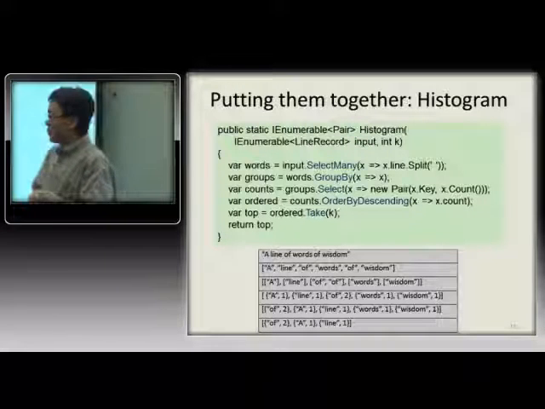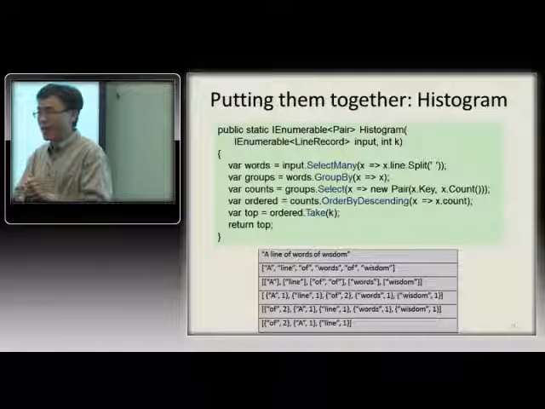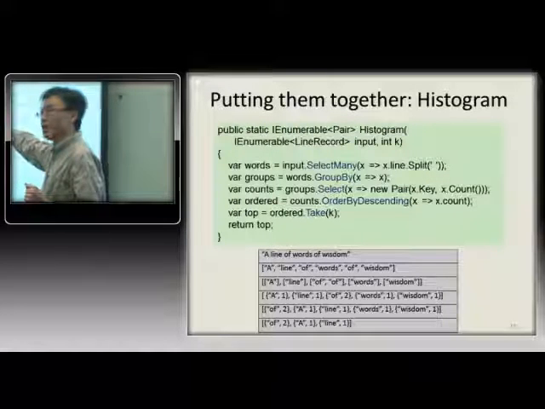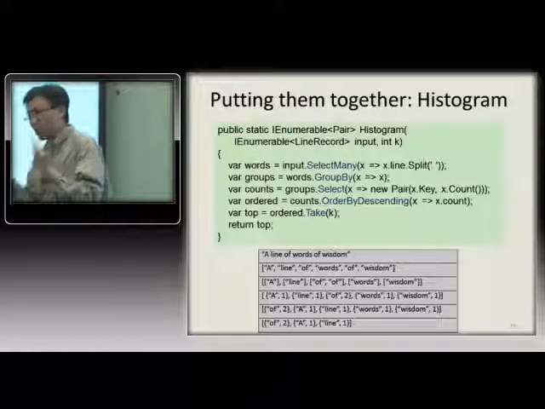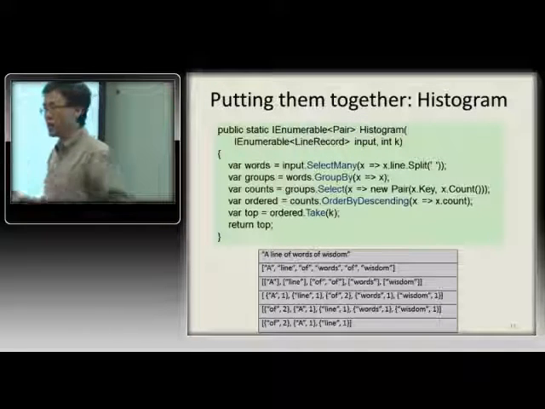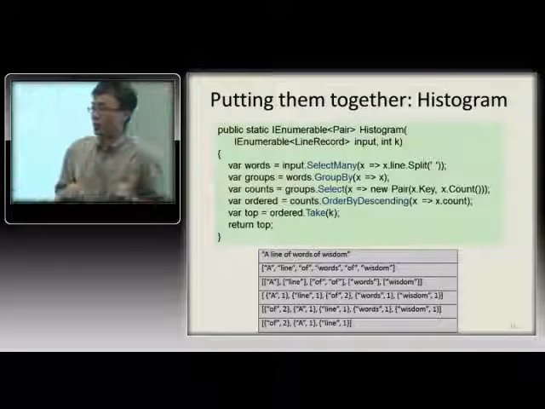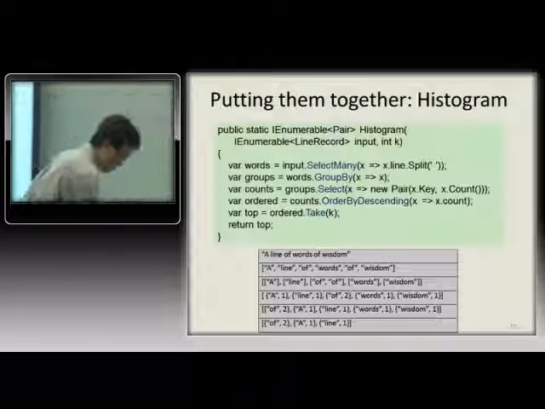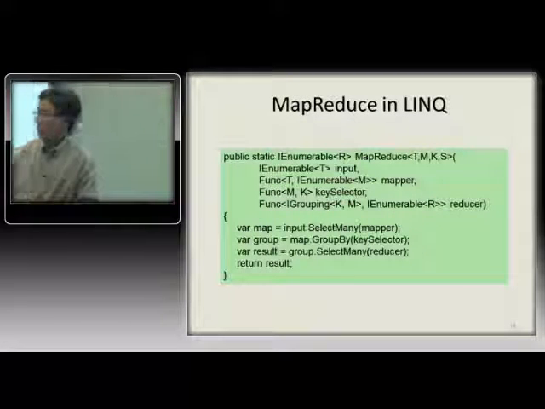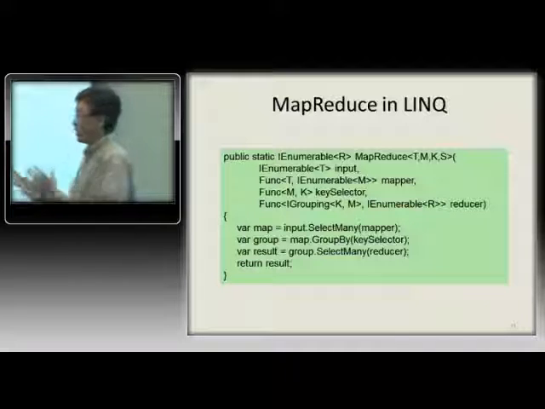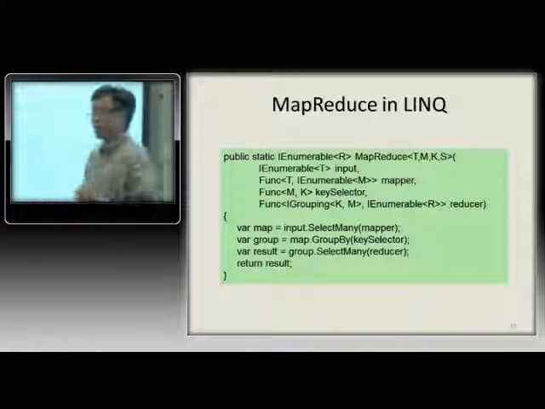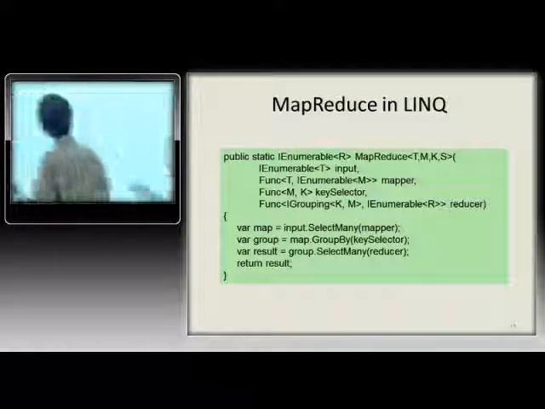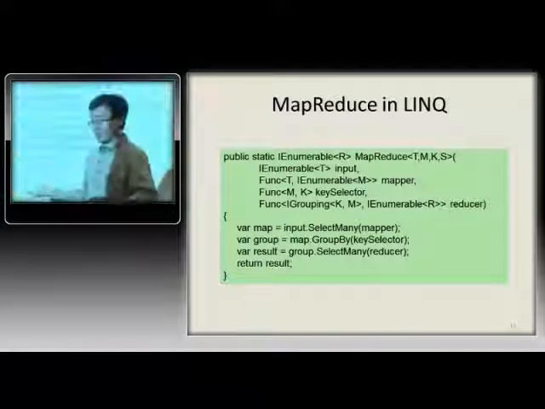In the next lecture, Michael is going to tell you how this program is transformed into Dryad computation and run on a cluster with, say, terabytes of data as the input. Another thing, this is my final slide: everyone has heard about MapReduce, and this is how MapReduce is expressed in LINQ.